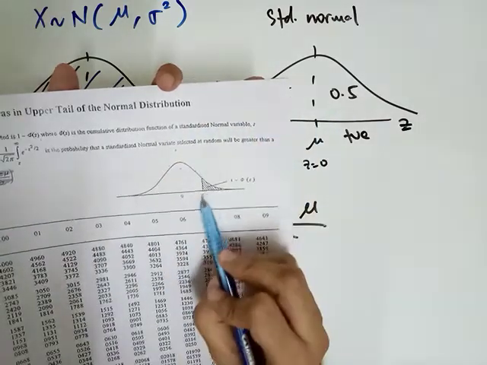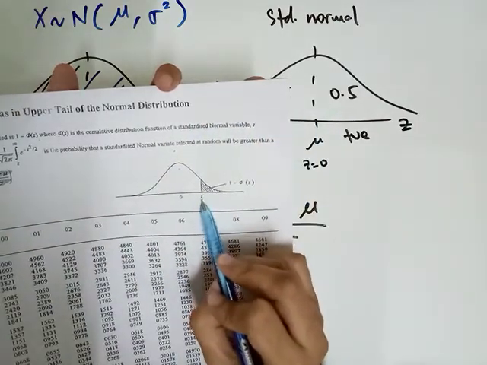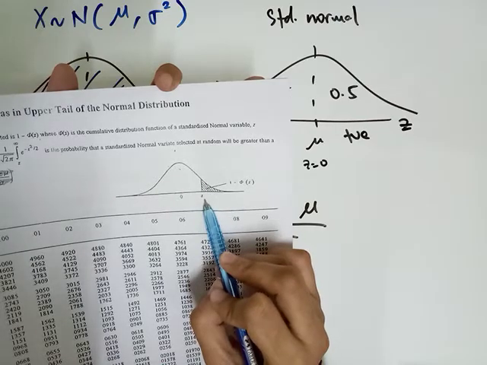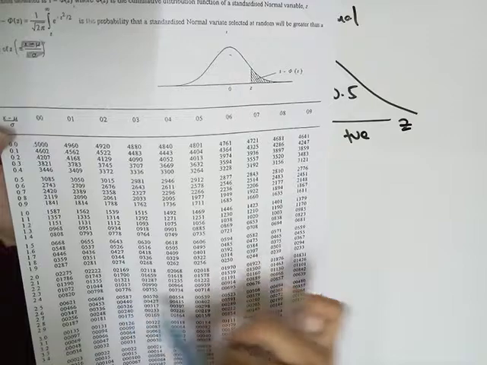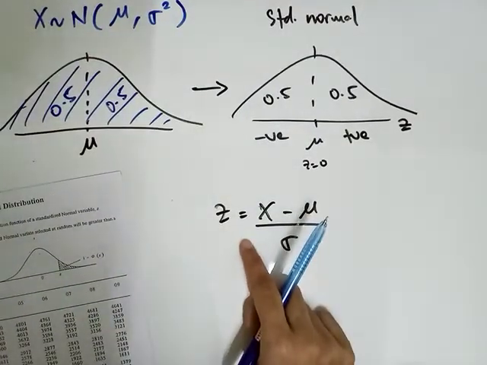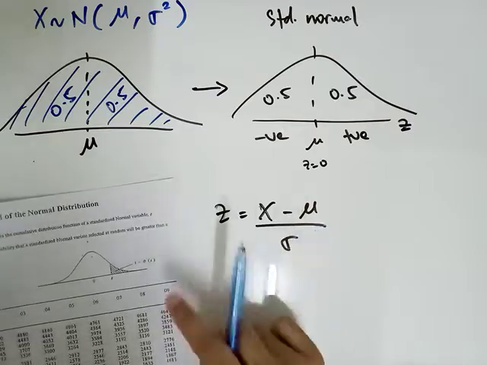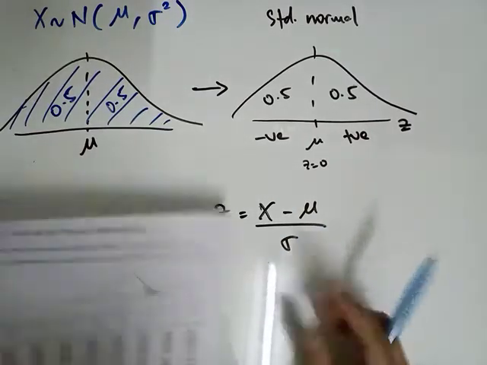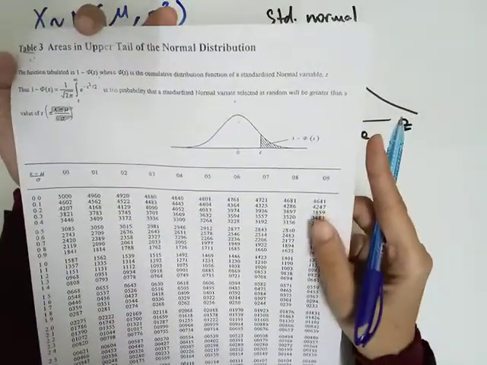Then you can find the probability here. If you get a negative z value, you have to convert it into positive. How? I will show you later.